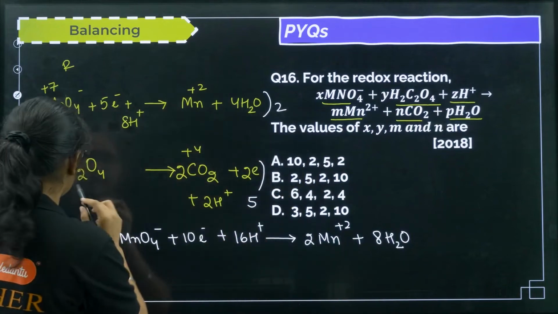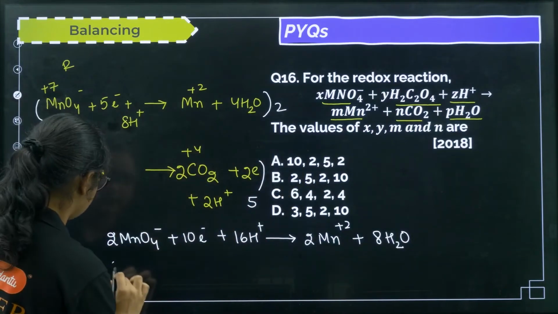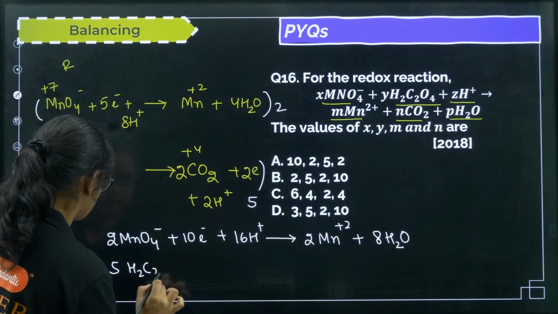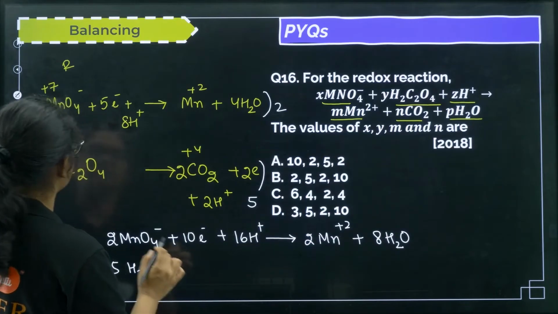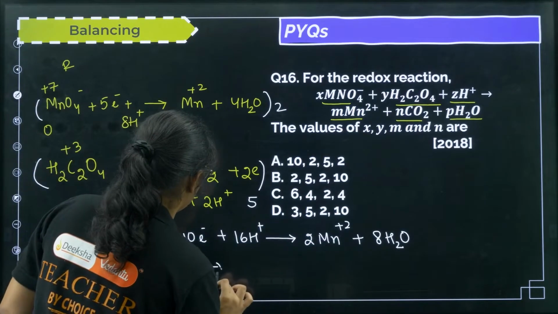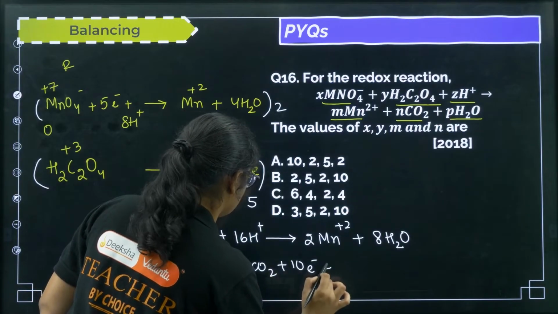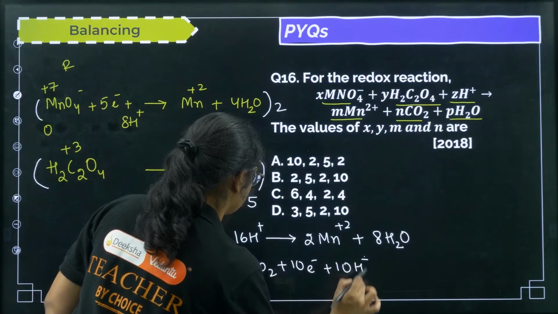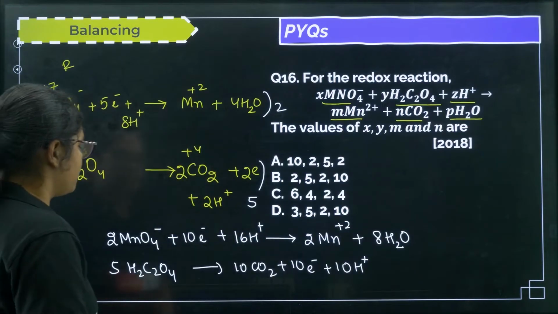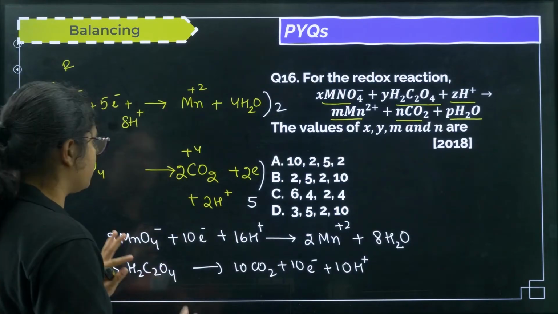Next you will get here 5 H2C2O4, then we will have 10 CO2 plus 10 electrons plus 10 H plus, right. Now what we can do, 10 electrons will be cancelled.